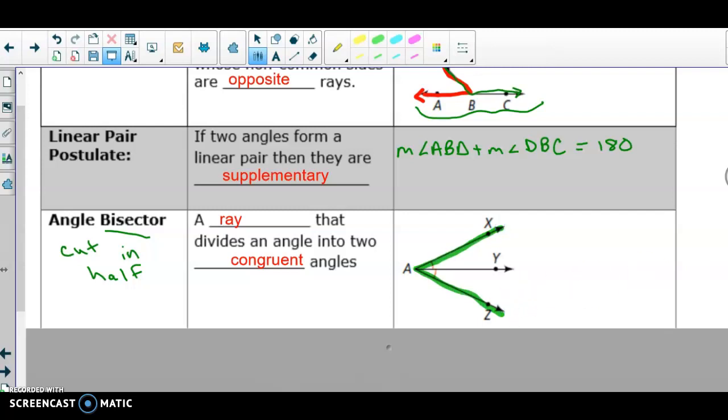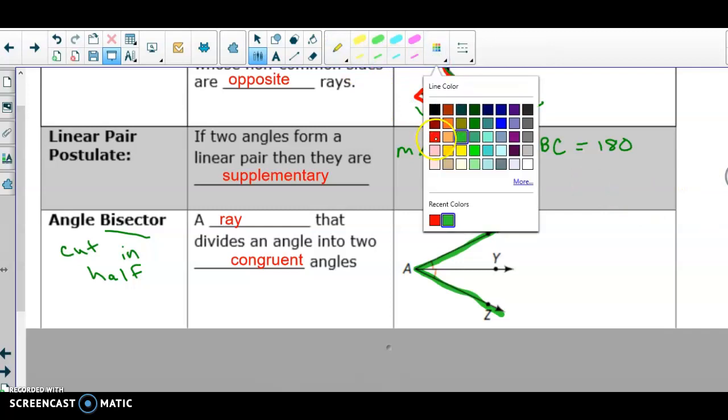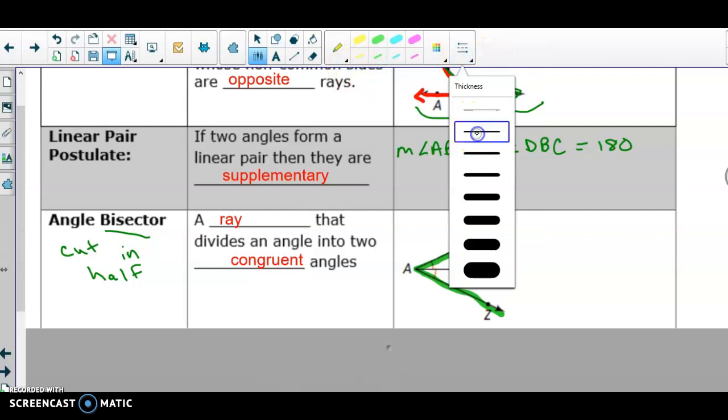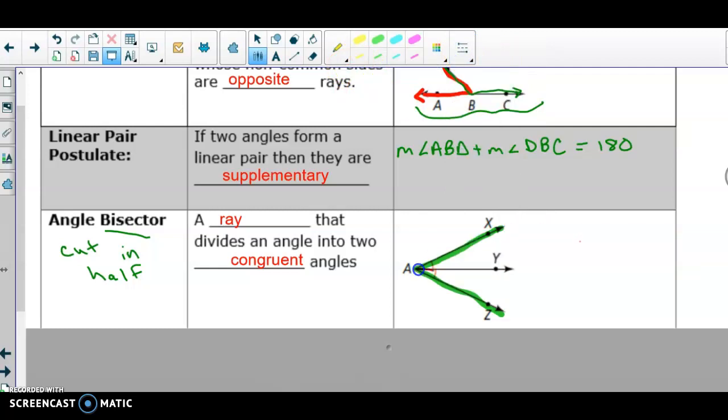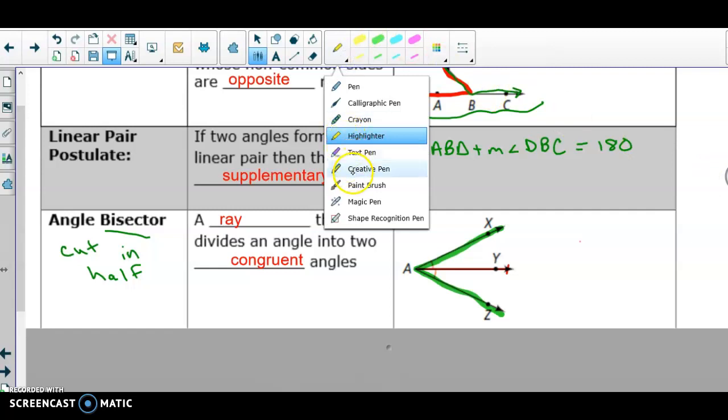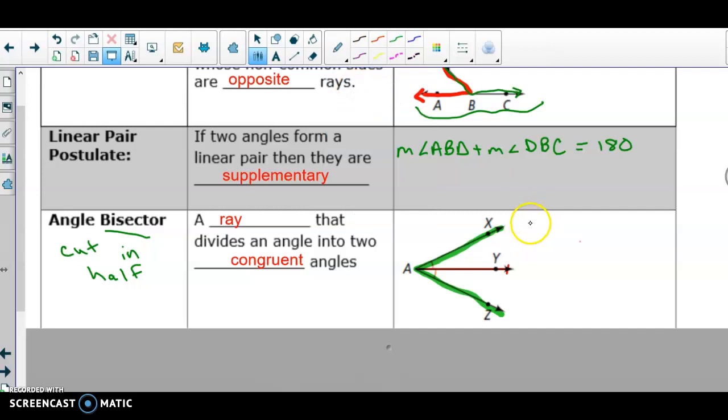And there's a ray in the middle of it that splits it in half. So that ray is the angle bisector.